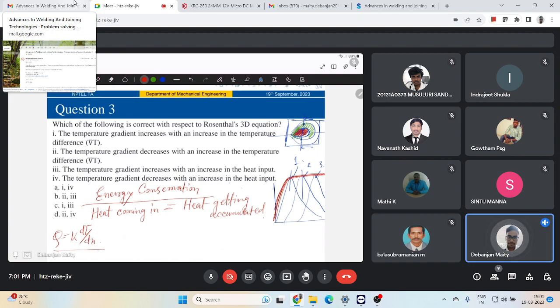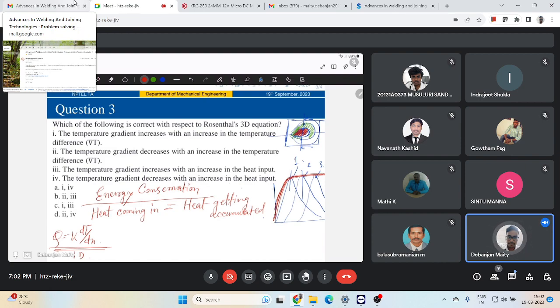Tell me, is this equation 1D or 2D or 3D? 1D, right? So this is a 1D equation.